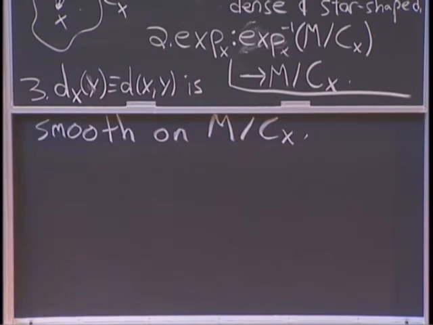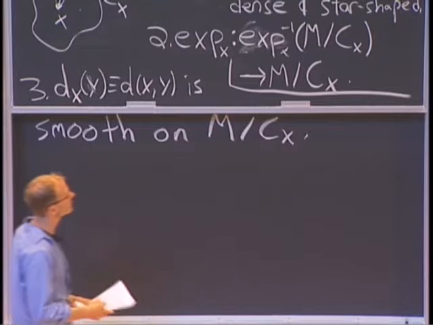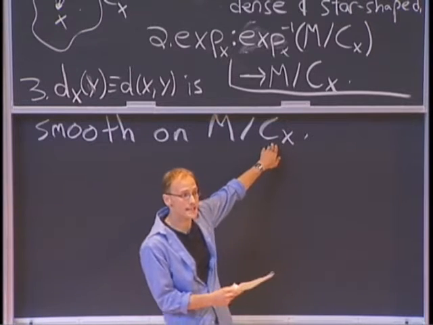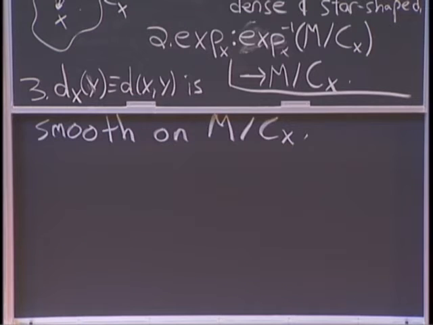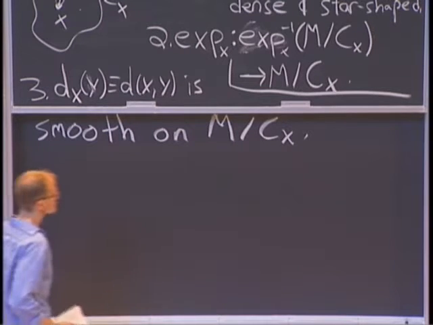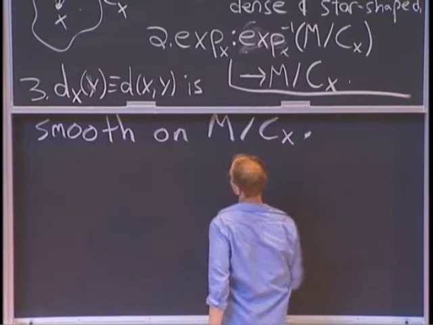So our distance function turns out to be, it's always a Lipschitz function. Its Lipschitz norm is 1. But it's an honest, smooth function away from this closed set of measure 0. That doesn't cover very much. So it's smooth almost everywhere.